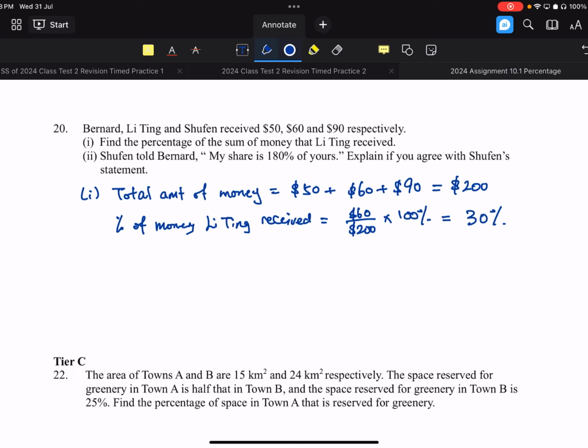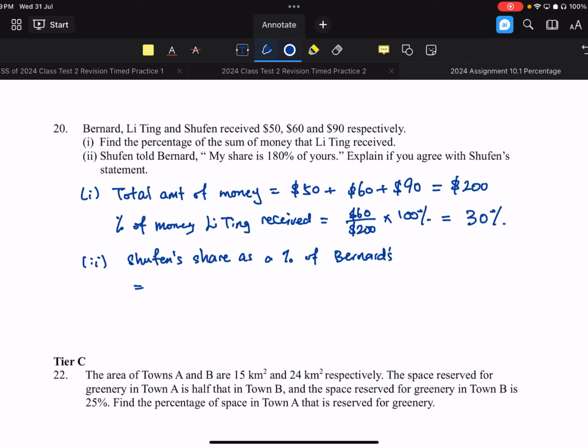Right? Part 2. Su Fen told Bernard, my share is 180% of yours. Explain if you agree. Okay, so let's calculate Su Fen's share as a percentage of Bernard's.